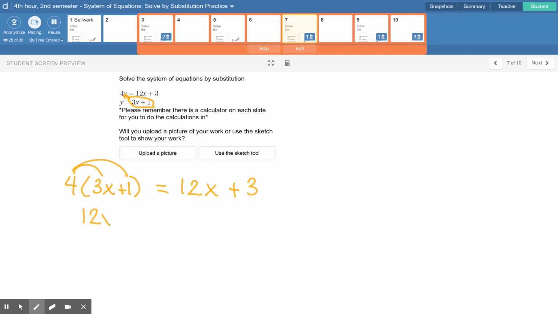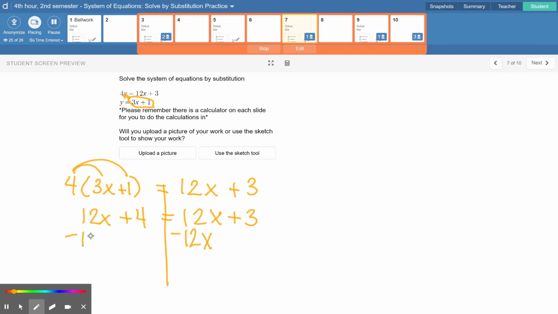So then we have 12x plus 4 equals 12x plus 3. Now, please be careful. You need to get the variable on the other side. So we undo adding by subtracting. Make sure that x goes along for the ride. We need to see this step for you to get full credit.